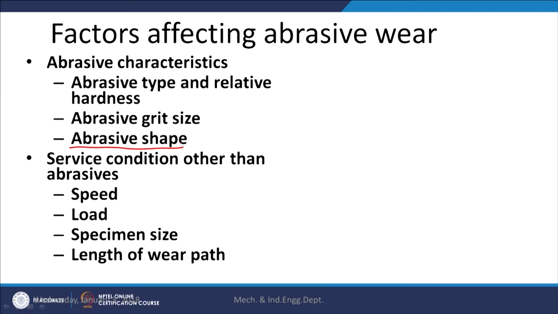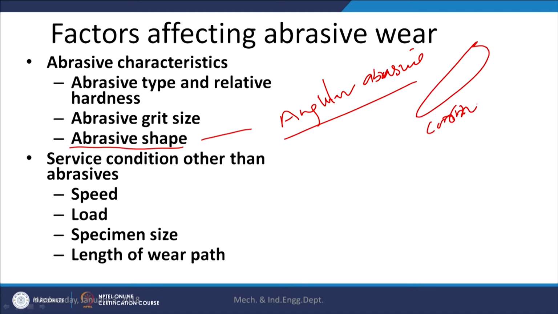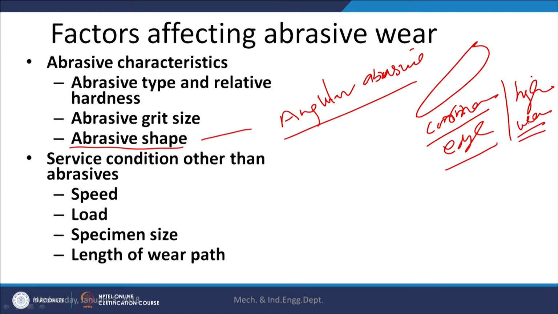Abrasive shape is another aspect. Angular abrasives, which may be in the form of sharp corners or sharp edges, will cause a higher wear rate, higher abrasive wear, as compared to round shape particles, and round shape particles will cause lesser wear due to the absence of sharp cutting edges.